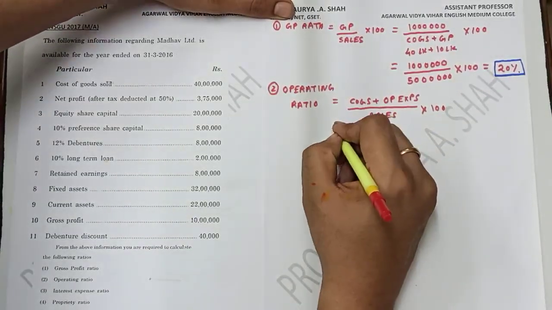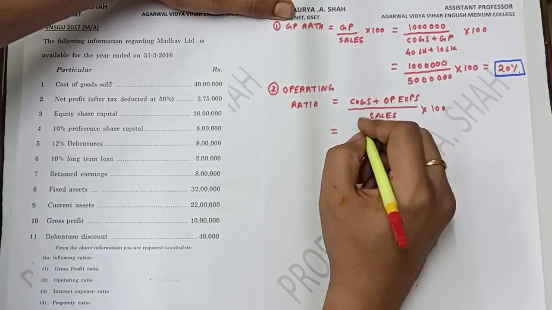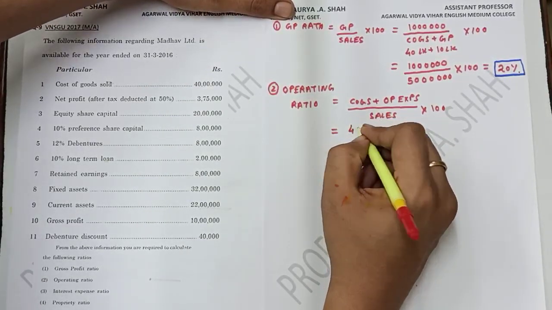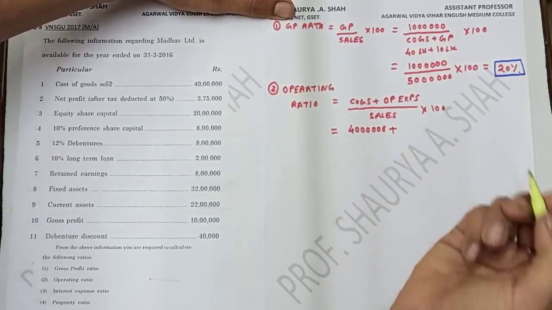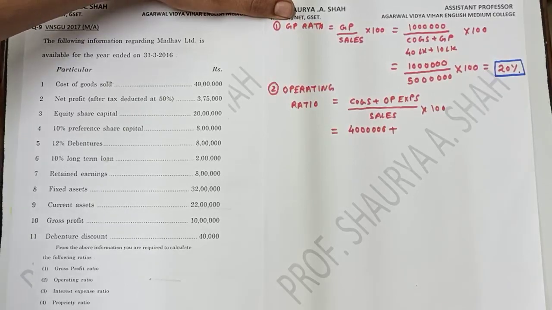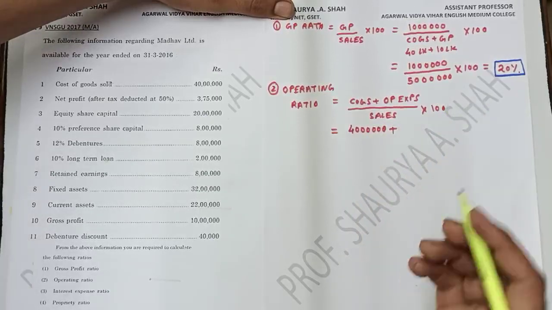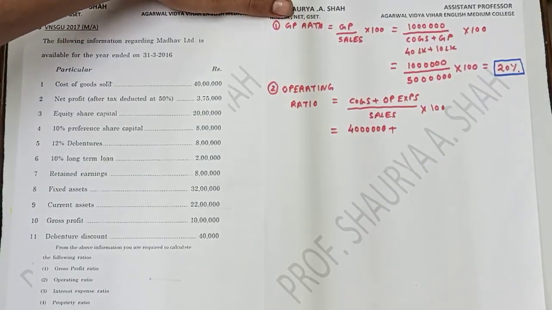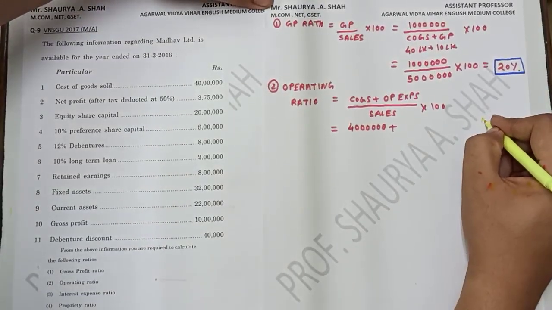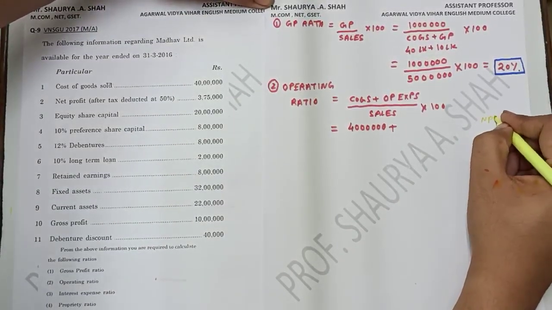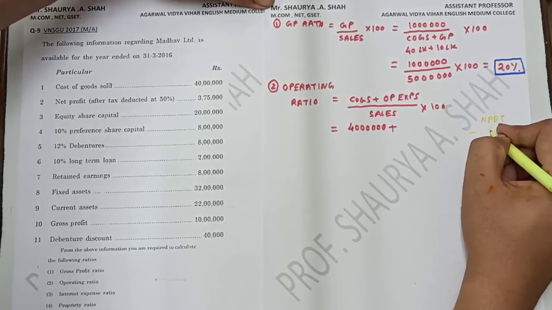So we have the answer of cost of goods sold, students. Cost of goods sold is 40 lakh. Do I know the operating expenses? Yes or no? I do not know the operating expenses, but in the previous sum we found it out, students, how to find the operating expenses. In that we did net profit before tax minus GP.